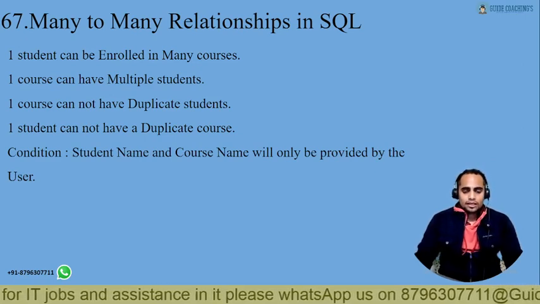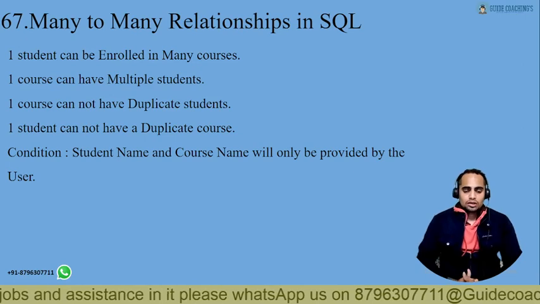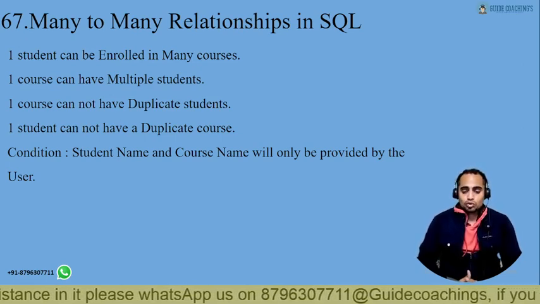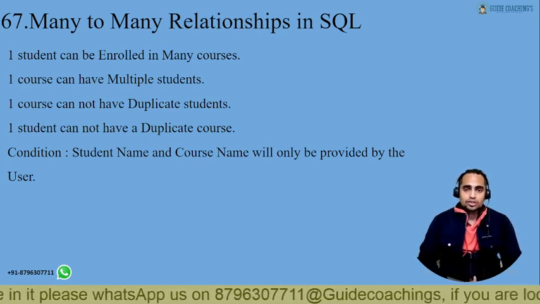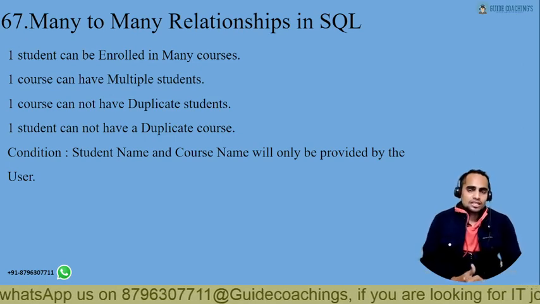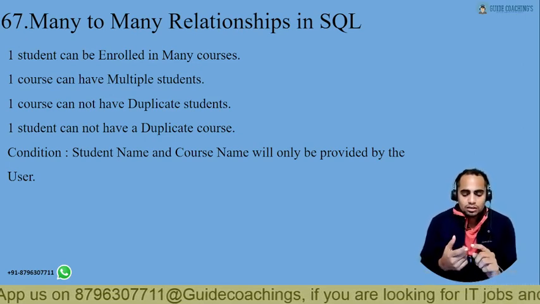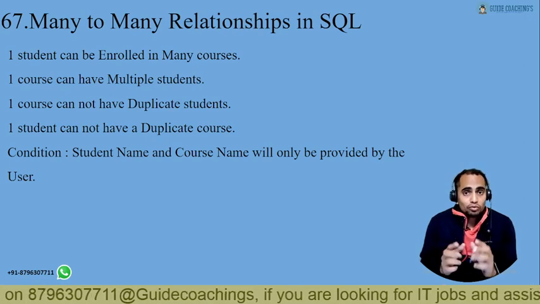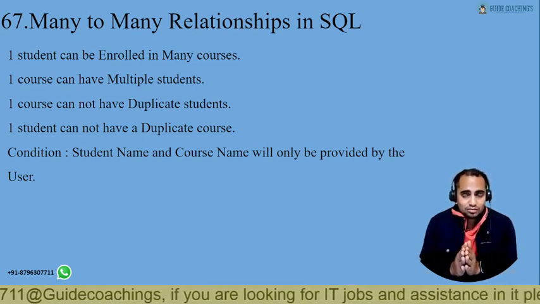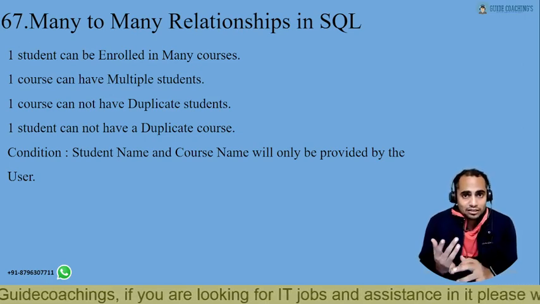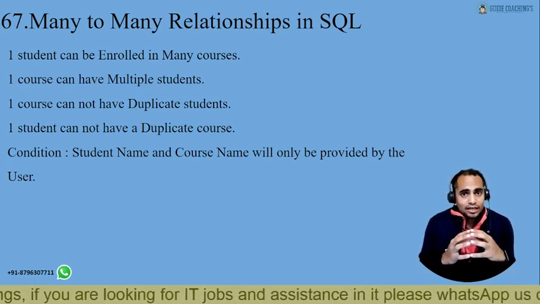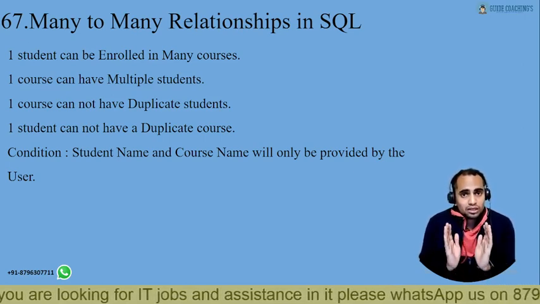Then the condition for the student: the student name and course name will be provided by the user, and we need to take only the student name and the course name, and on the basis of that create an id and store it into another table.